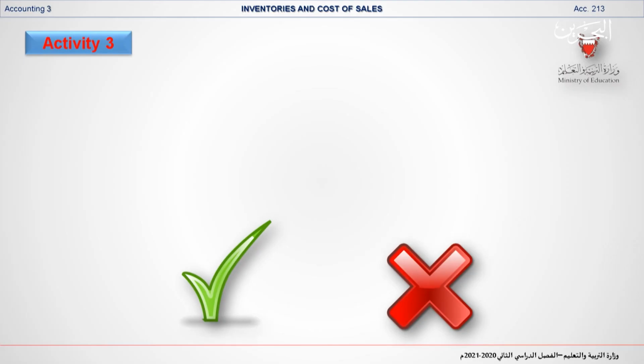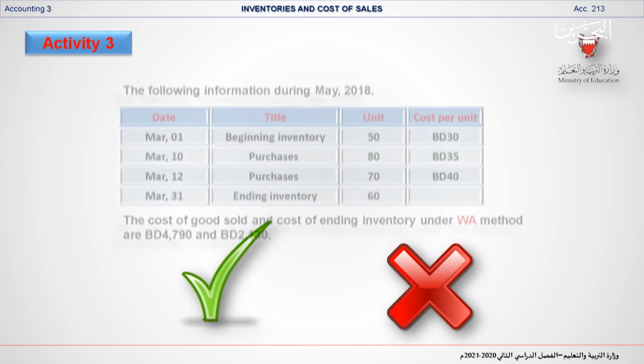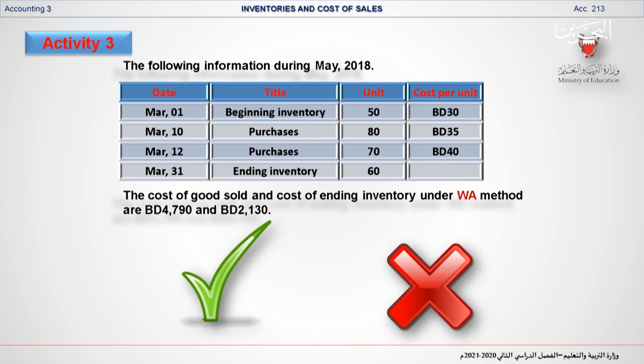Again, here is a true or false question. The following information during May 2018 was as follows. The cost of goods sold and cost of ending inventory under weighted average method were 4,790 BD and 2,130 BD.